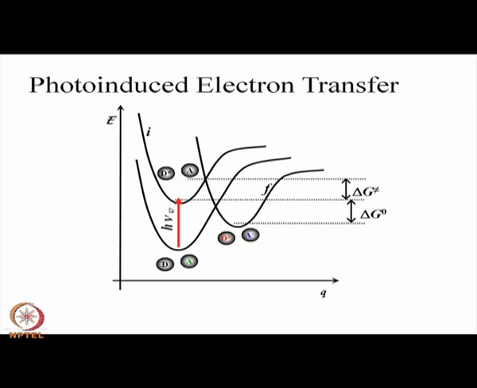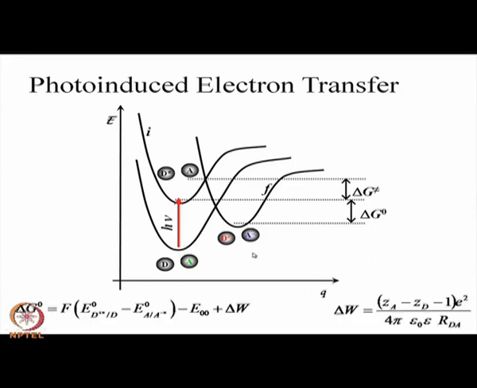So, what has happened is that now you have photo excitation, and this is D, this is A in the ground state, and D star A is in the excited state of D and A.